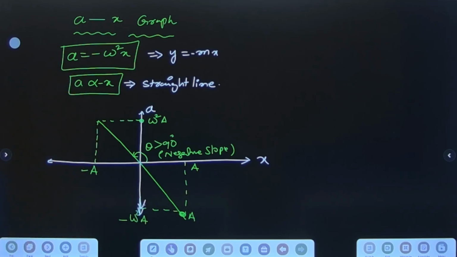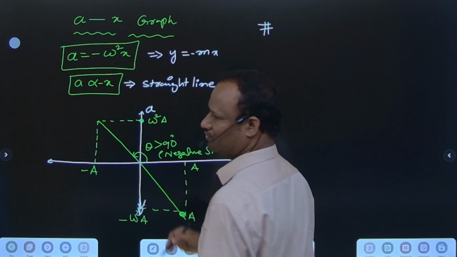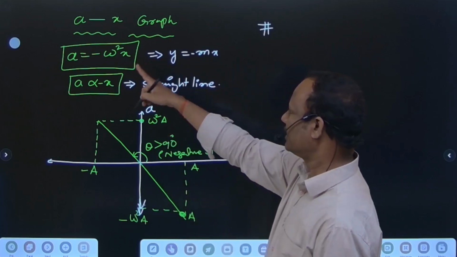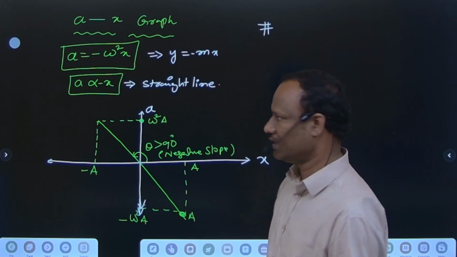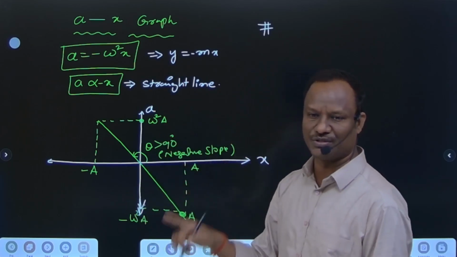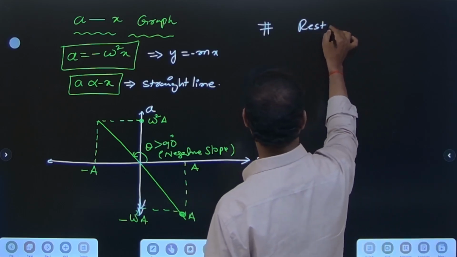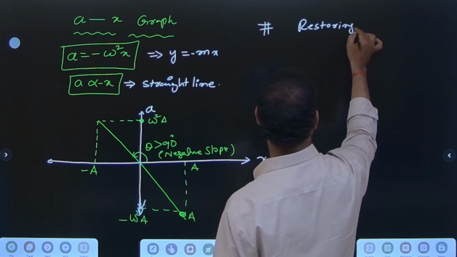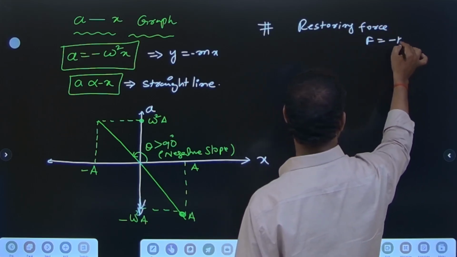Next, the same thing: the question may ask about restoring force. This is the condition for acceleration. You may get a question to draw the graph between restoring force and position. What is the formula for restoring force? F is equal to minus kx.